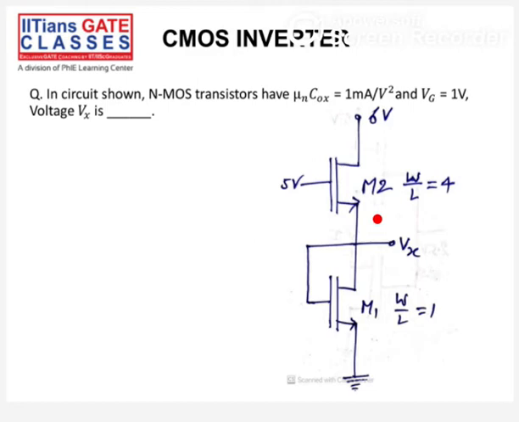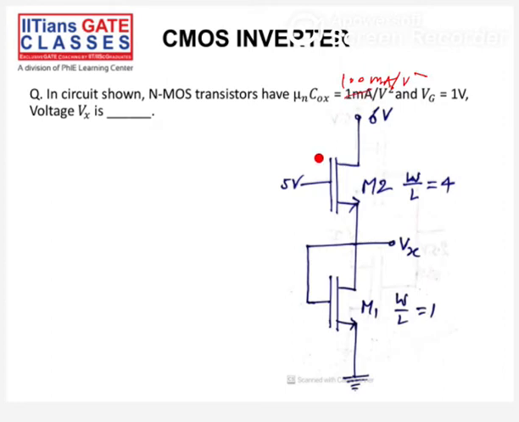In the circuit given, the MOS transistors have mu and C oxide of 100 milliamps per volt square.